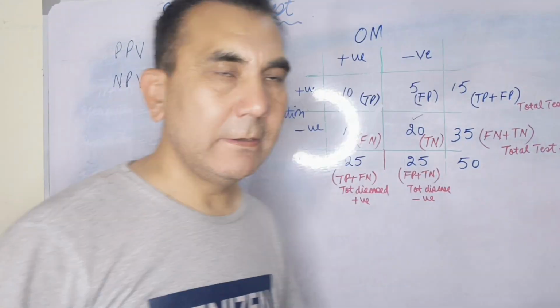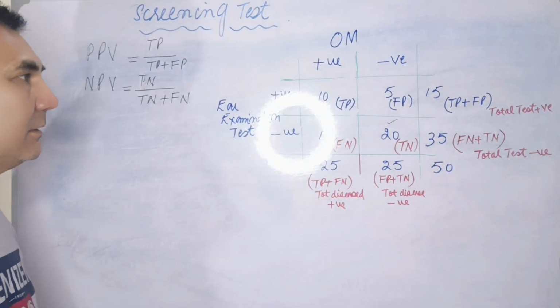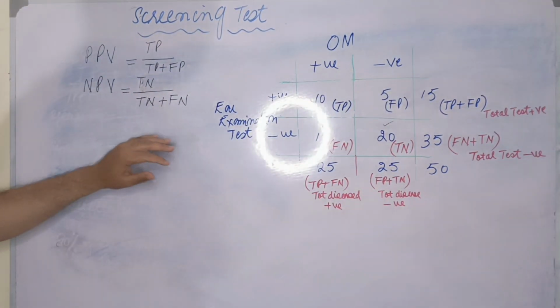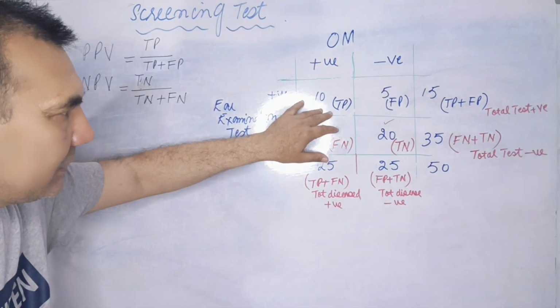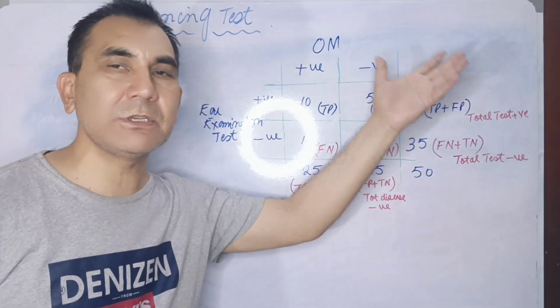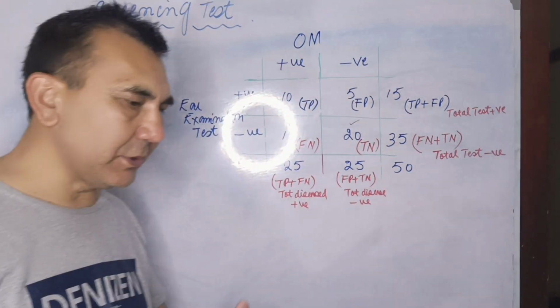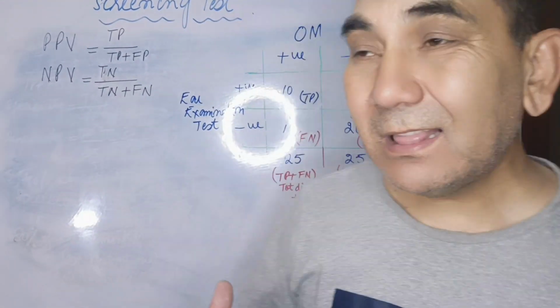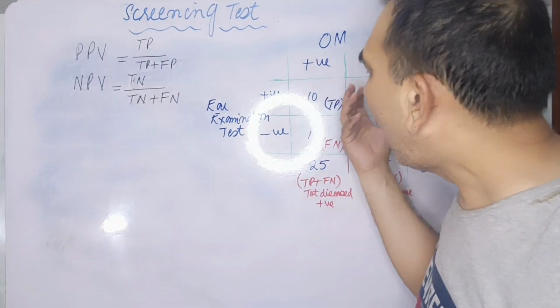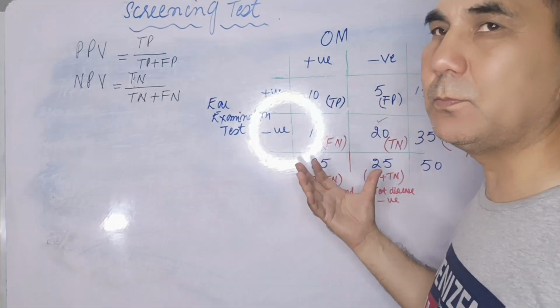Now, what does the positive predictive value actually say? The positive predictive value tells us the probability of true positives among the test positive people, that is, among the total screening test positive people.